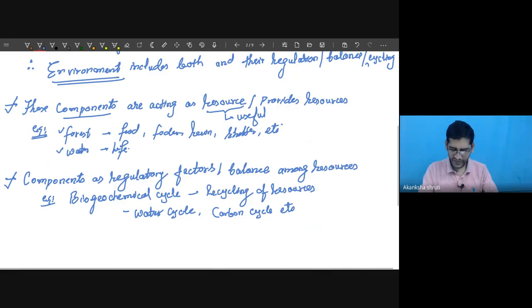Though they are regulating by themselves, means the environment has its own resilience. Resilience means coming back to the initial state by recycling. But this recycling rate is fixed, and if our activity generates more waste, then this recycling is disturbed. As a result, there is environmental pollution.